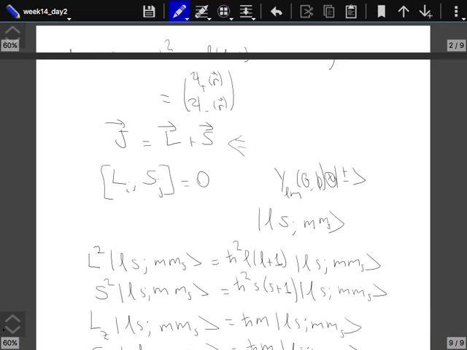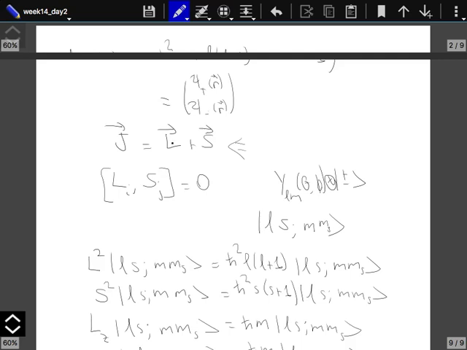Now we already know that eigenvalues of L squared are always h bar squared l(l+1), l being an integer. Eigenvalues of S should also be, S satisfies the same commutation relations as L, and the eigenvalues are again h bar squared s(s+1), but this time s can be both half integer and integer.